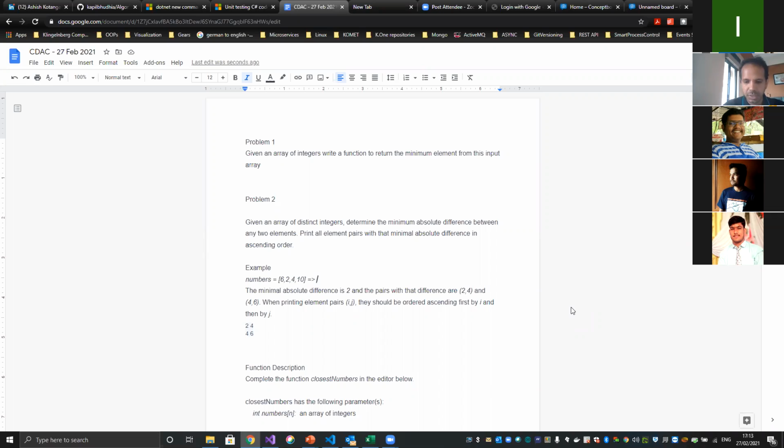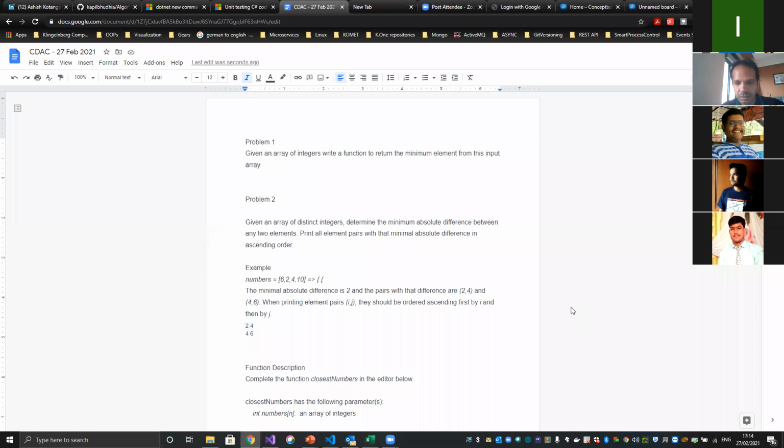So let's try to see all the pairs that we can generate from these. Can somebody tell me how many pairs we will generate? Sorry, can you tell me? I can't hear you very well. Can you tell me how many pairs you can generate? 4 pairs, Akshay says 4 pairs.